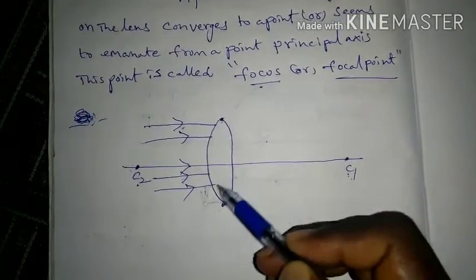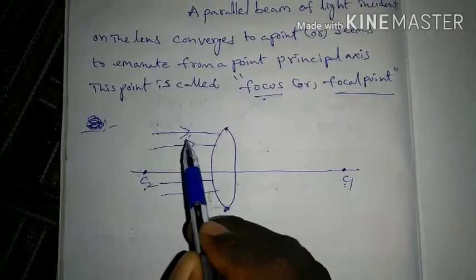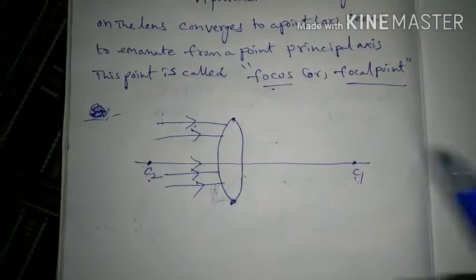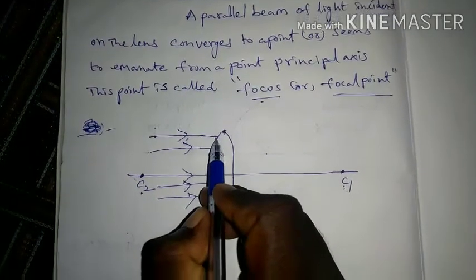This parallel beam of light is incident on the lens. Which lens? Convex lens. After that, convergence.